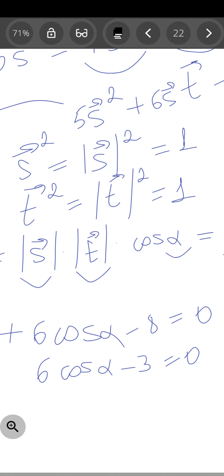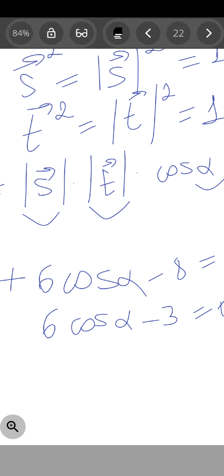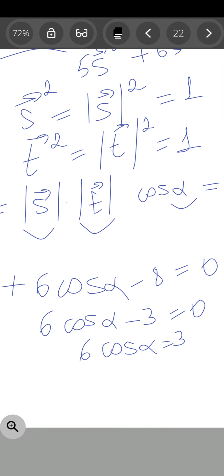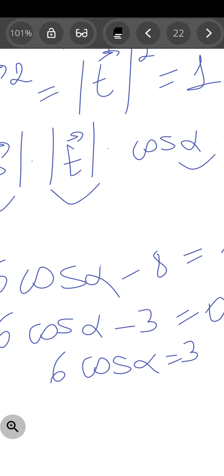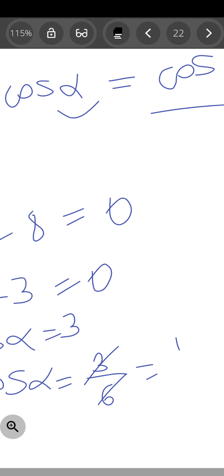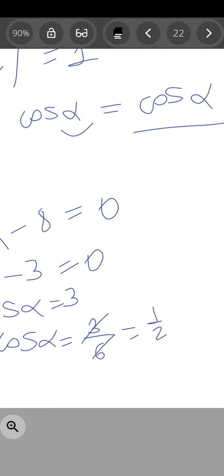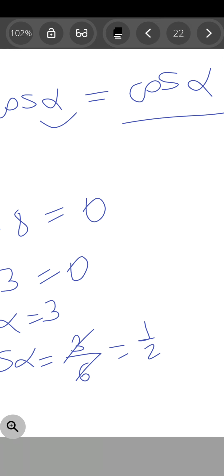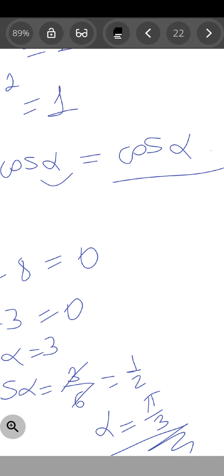If we add 3 to both sides of this equation, we obtain that 6 cosine of alpha equals 3, and if we divide both sides by 6, we obtain that cosine of alpha equals 3 over 6. If we reduce this fraction, we obtain that cosine of alpha equals 1 over 2. And we obtain that alpha equals π over 3. So this is our answer.